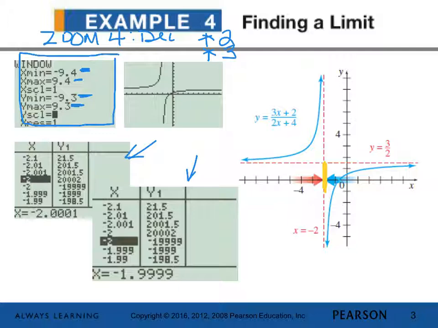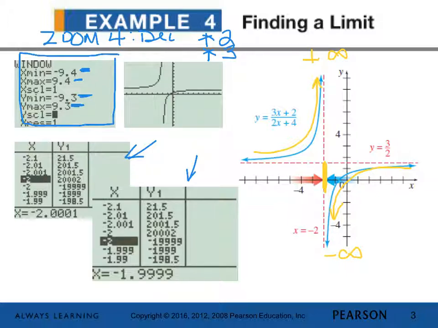So what actually happens as you approach from the left, you see that you are approaching positive infinity. And as you approach from the right, you are approaching negative infinity. So the graph shows you this, as well as the previous tables and numerical values that we were looking at.